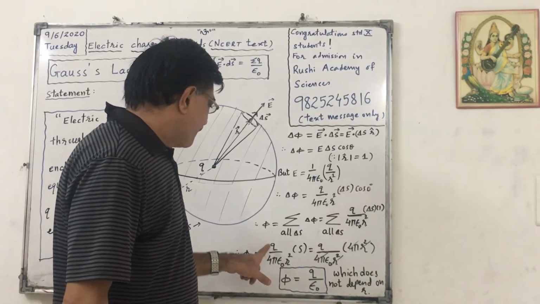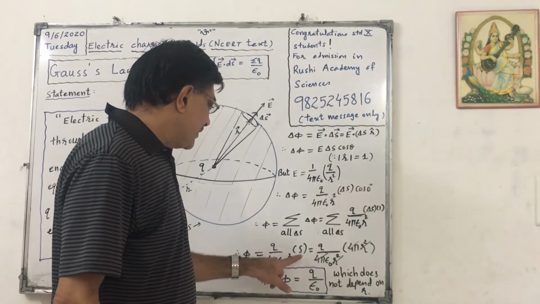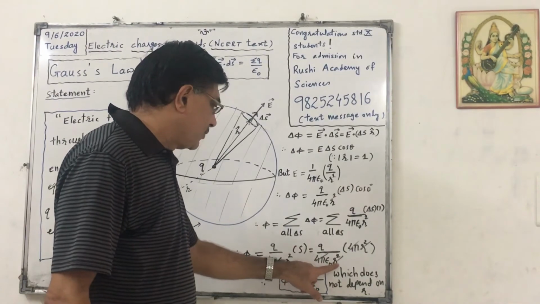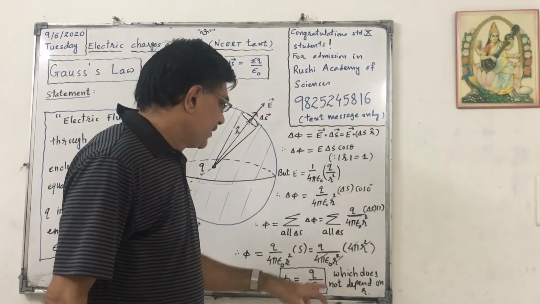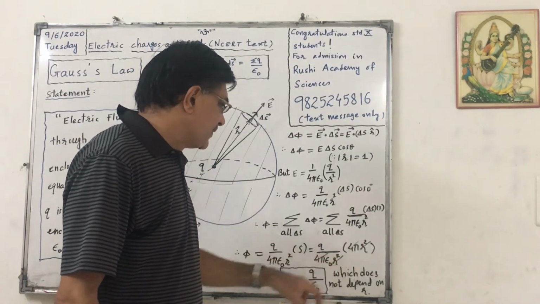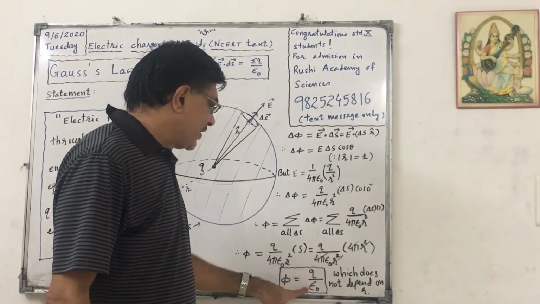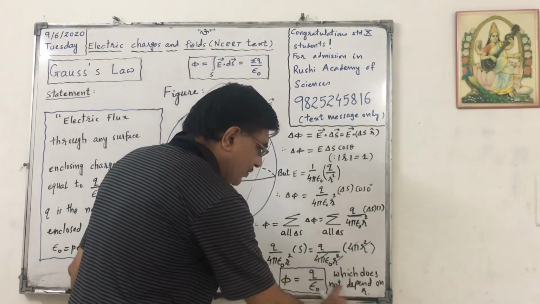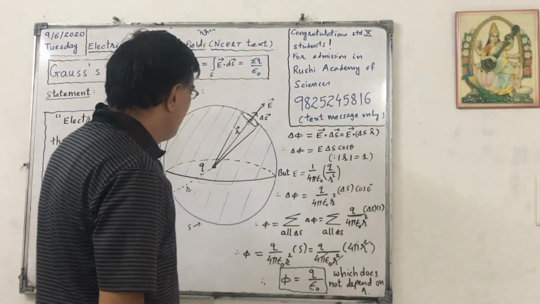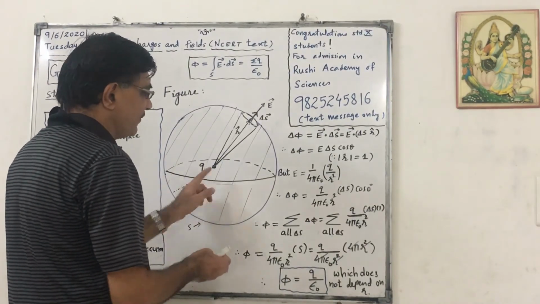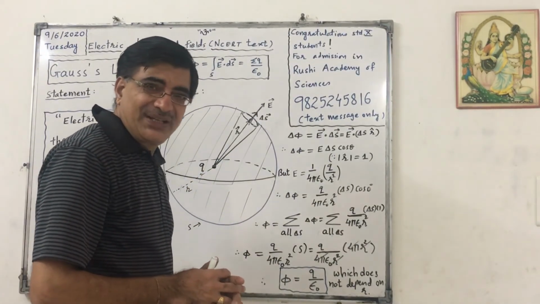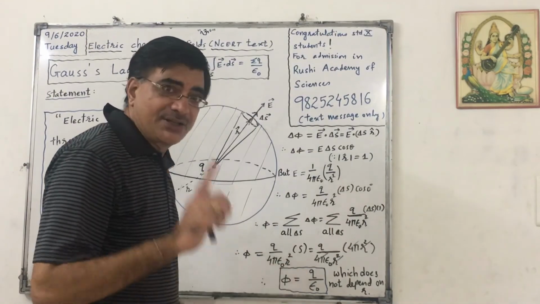So putting here q upon 4 pi epsilon naught r square into S, that is q upon 4 pi epsilon naught r square into 4 pi r square, the area of this sphere, 4 pi r square will be cancelled. So phi will be equal to q upon epsilon naught, which does not depend on r. Means if I consider a small sphere enclosing q, the flux will be the same. Important is the enclosed charge.